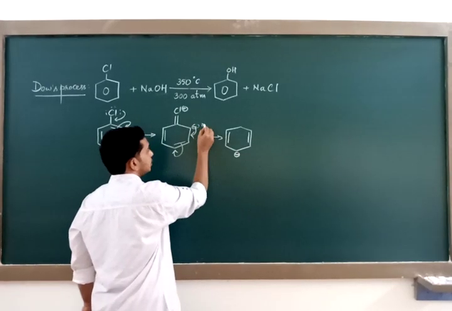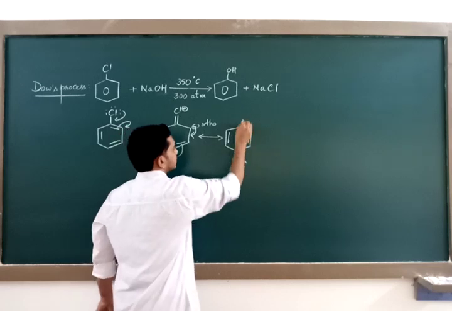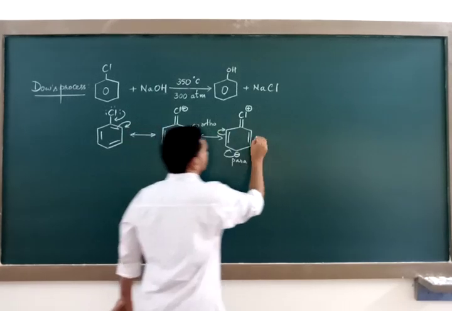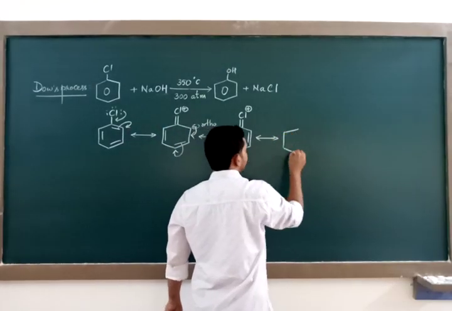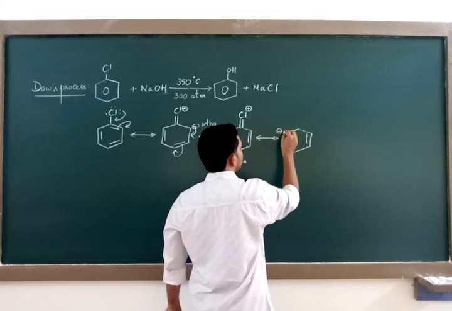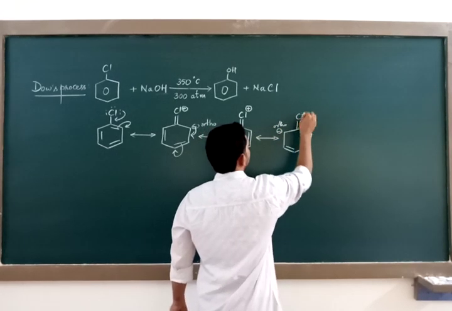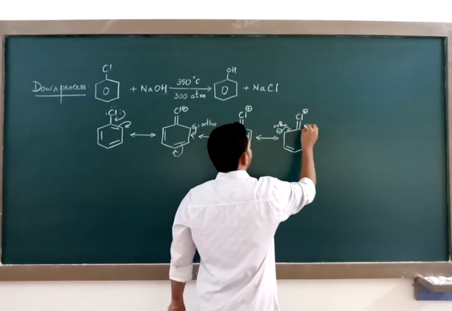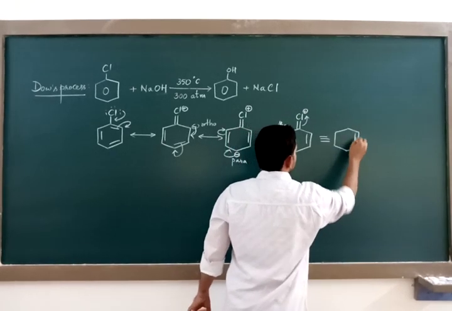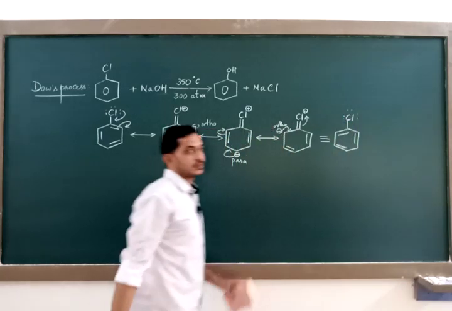This position is called ortho and this is para. Then the other resonance structures show that the negative charge appears once again at the ortho position. And finally, the resonance hybrid gives you the same original structure as we saw in the first one.